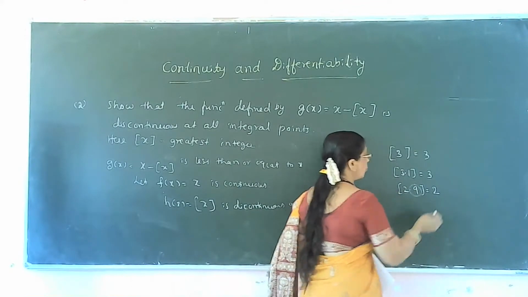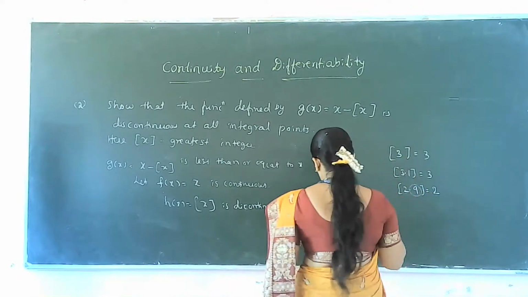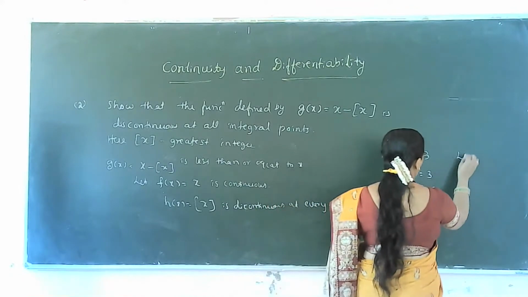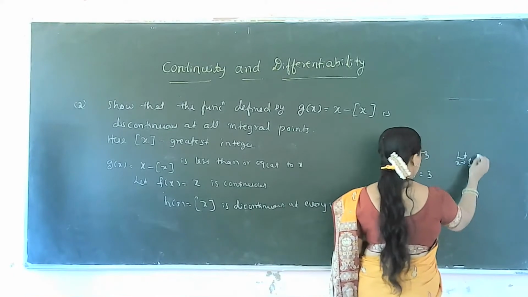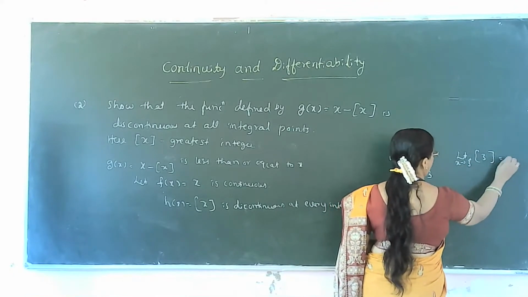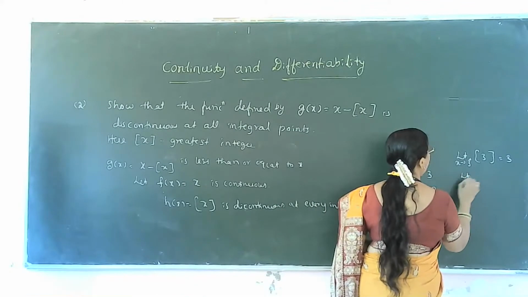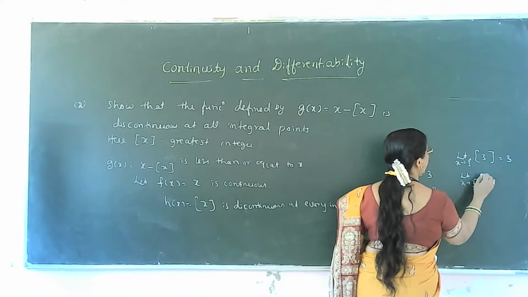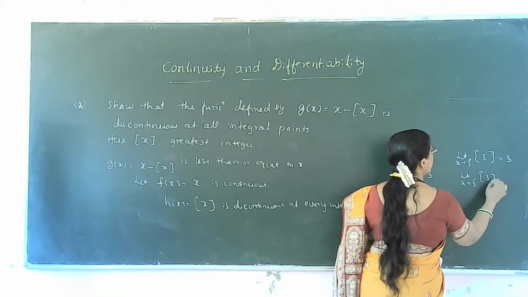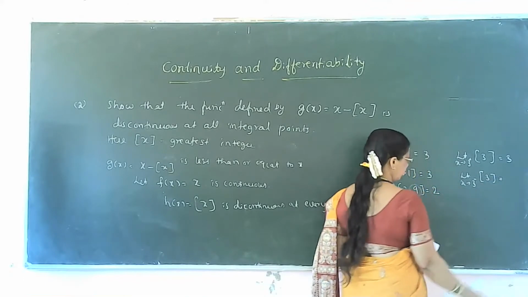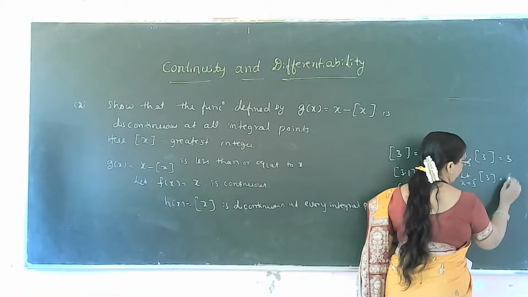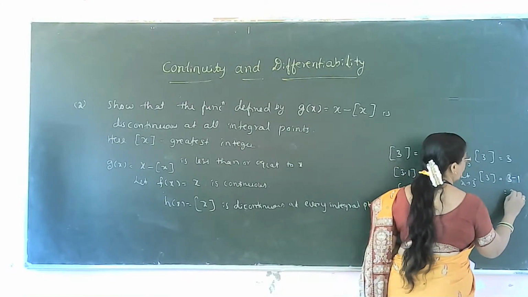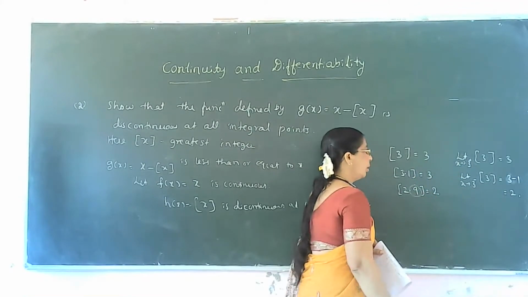Therefore, we can write the limit of x tends to 3 plus is equal to 3, and the limit of x tends to 3 minus is equal to 3 minus 1, which is 2 only.